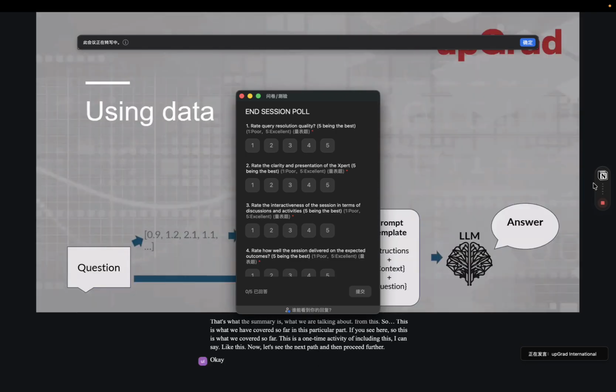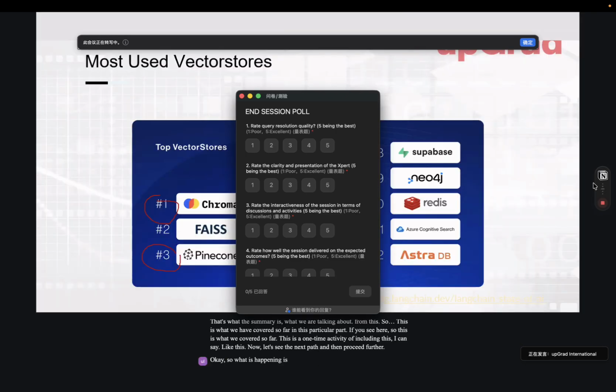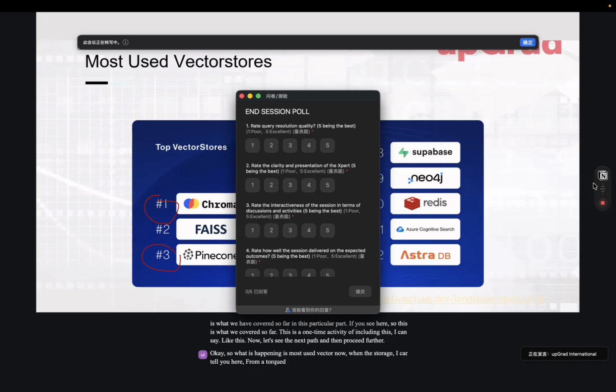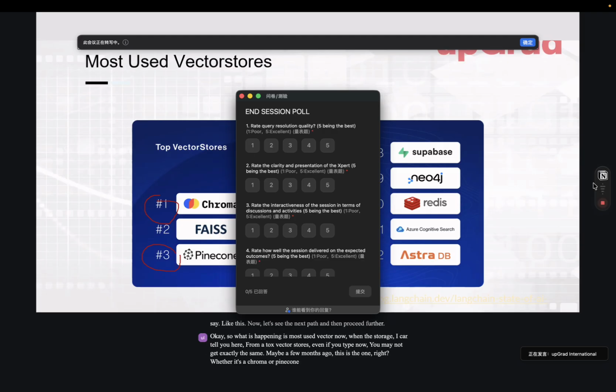Okay, so what is happening is the most used vector stores. Even if you search now, you may not get exactly the same list as a few months ago. Whether it's Chroma or Pinecone, that may vary slightly. It's not like it will change dynamically every week, not at that level.